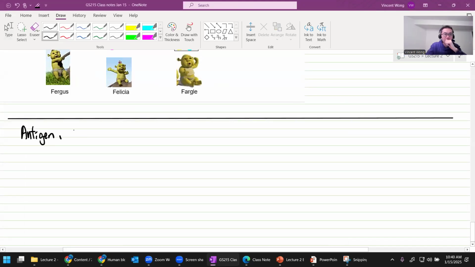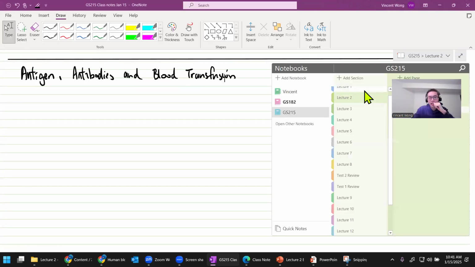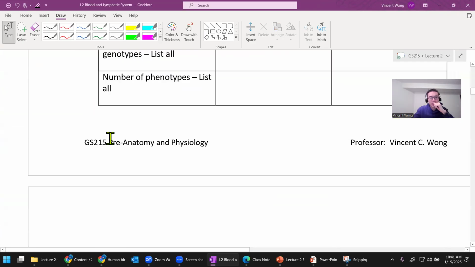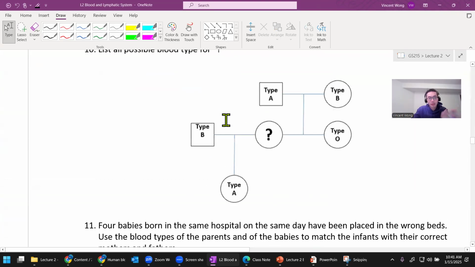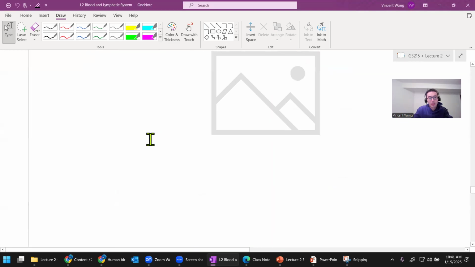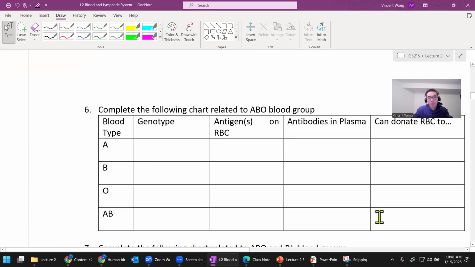Okay, so here we're going to go antigen, antibodies, and blood transfusion. So let's make a table here. Actually, you know what? I'm just going to take it from the study guide. Assuming you have it, there's more pedigree in the study guide if you want. Where is the table that I'm looking for? Oh, right here, number 6.